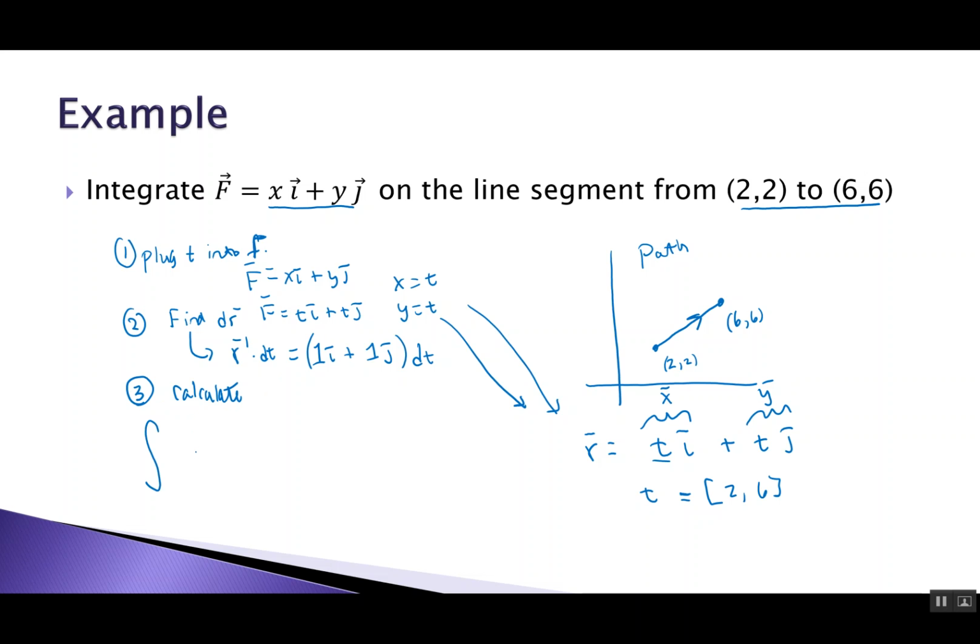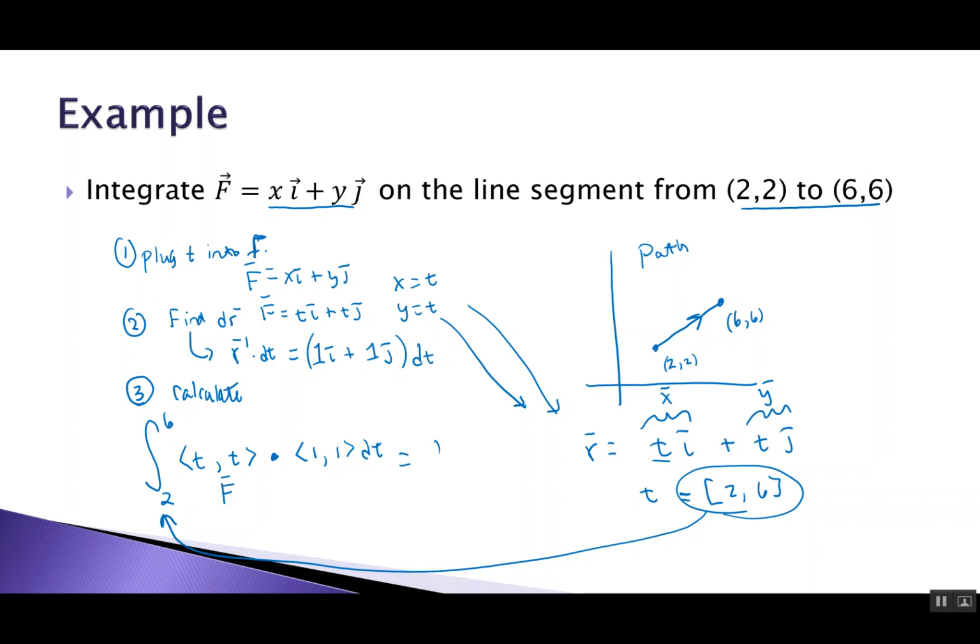So f is ti plus tj. I'm going to dot it with my dr, which is 1 dt. And the last thing that I need are limits of integration, and those are the t values that make the endpoints of your path, so 2 to 6.